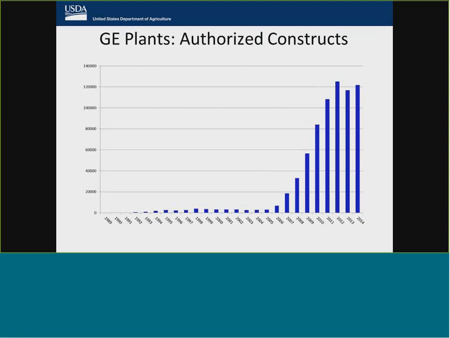This is counting sometimes specific elements within a larger construct, so probably a more accurate number here would be around 40 to 50,000. But it's a very large volume of GE plants that we are processing every year and authorizing for imports, movements, or releases.